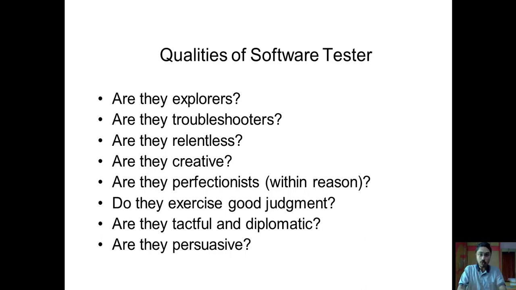So these are a few qualities which a software tester should possess. These are only a limited set; there are other qualities too. Like you should have a negative approach while testing the software. By negative approach, I mean that when something is kept in front of you, you should look at how these things can go wrong.